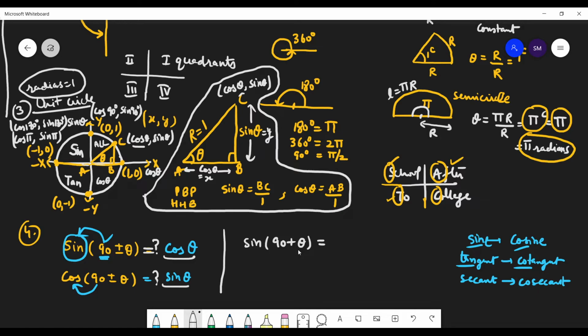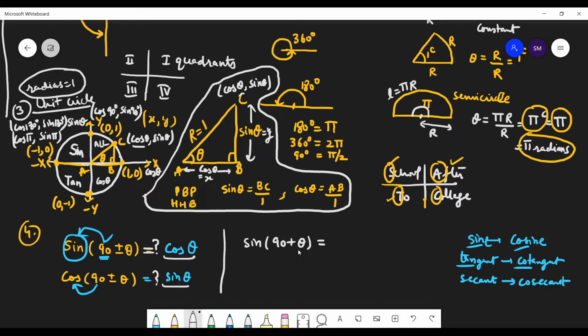Then how do we know these quadrants? See, generally this theta angle is between 0 and 90. So if you add 90 plus 10, 20, 30, 40, 50, 60, if this is your 90°, if you are adding something to it, you will go into the next quadrant.